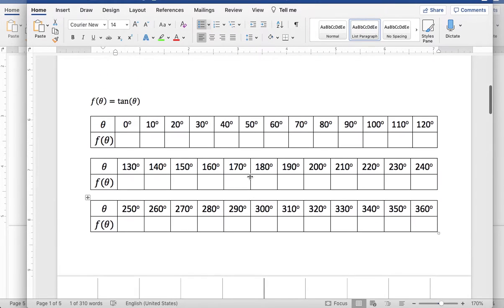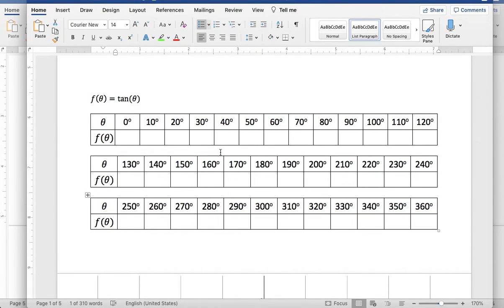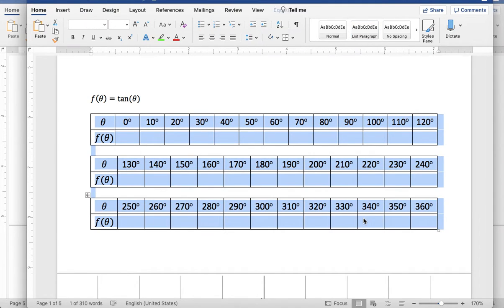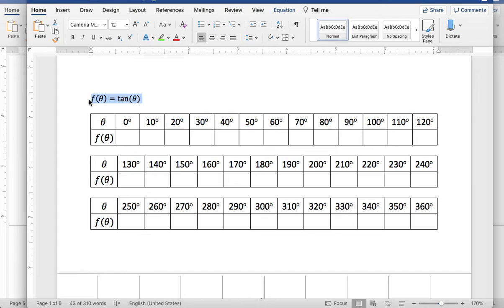Okay, so now here I created tables with a lot of different angles between 0 degrees and 360 degrees. You do not have to fill them all in. What I want you to do is fill in whichever values you think you need to be able to accurately draw the graph of f of theta equals tangent of theta.